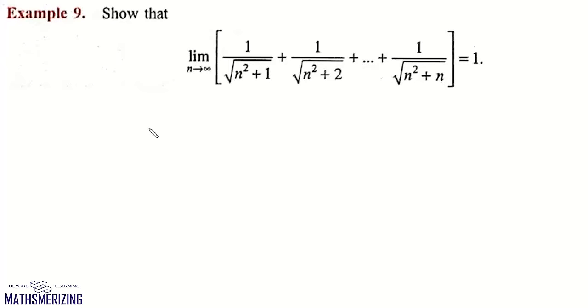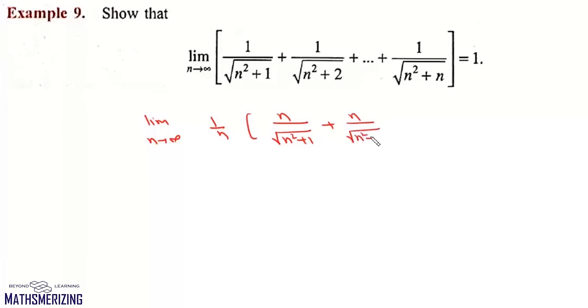So what we'll do is we'll write this as the limit as n tends to infinity of 1/n times [n/√(n²+1) plus n/√(n²+2) up to n/√(n²+n)].